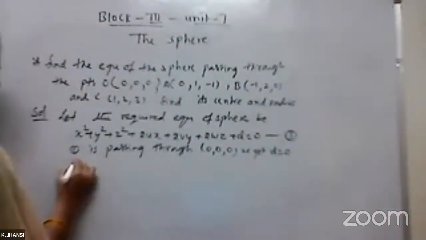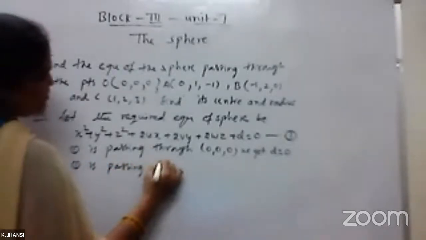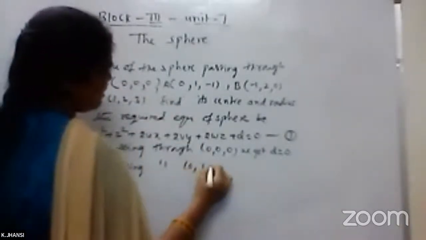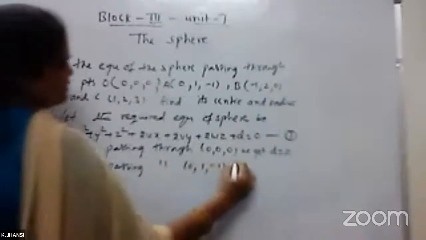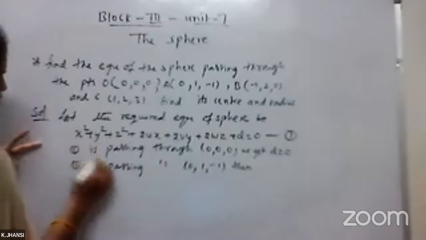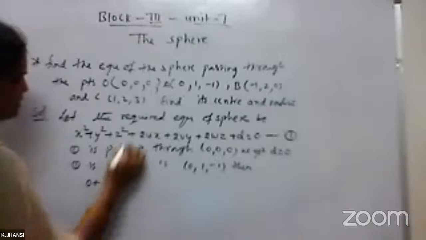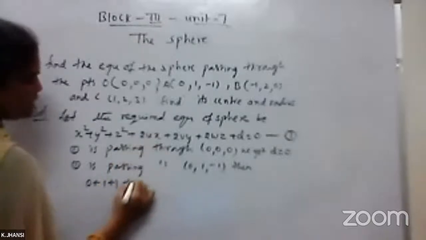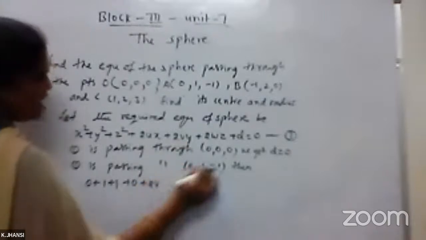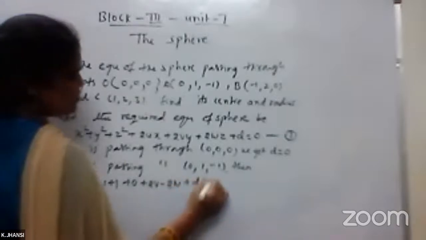So when equation 1 is passing through the next point, that is A: 0, 1, -1, the x value is 0. So 0 plus 1 square is 1, here -1 square is 1, plus 2u into 0, and this is 2v, next minus 2w, plus d equals to 0.